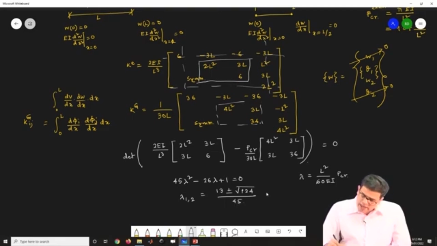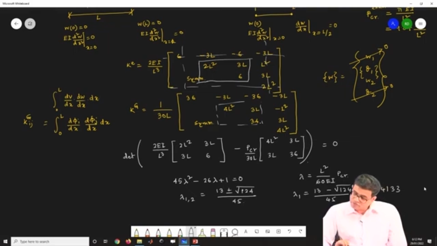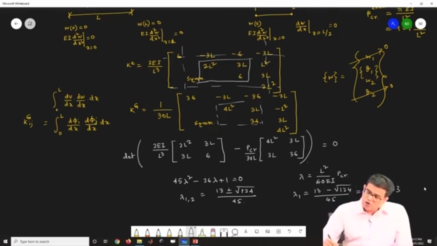This gives me the smallest eigenvalue, which is naturally 13 minus root 124 by 45, which is actually 0.04133. So, this is the smallest critical load.